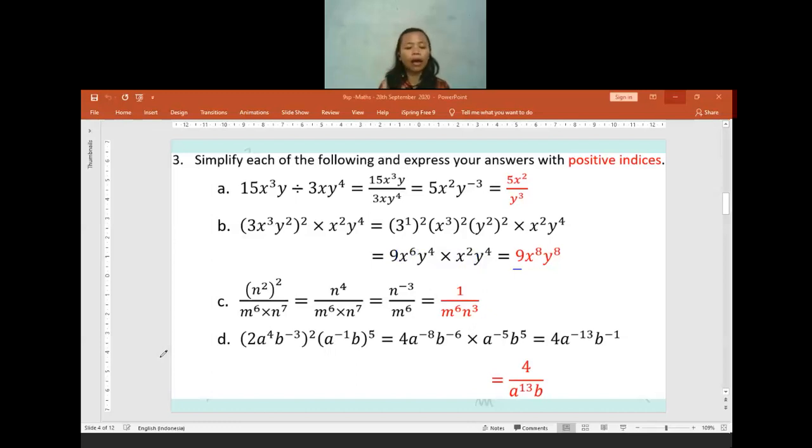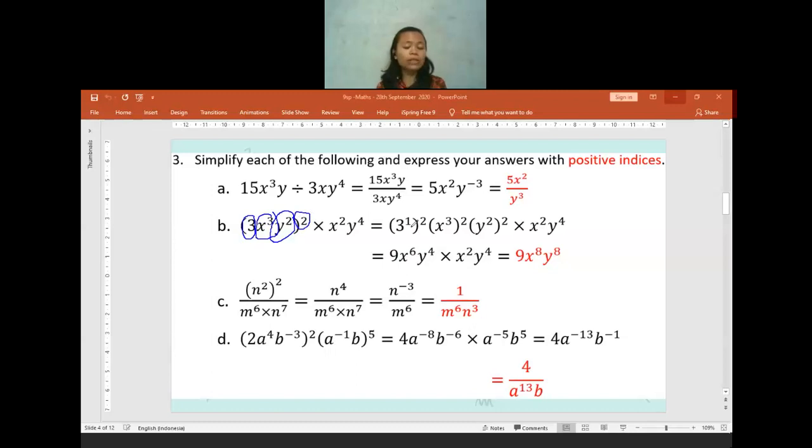As I told you before, everything inside the bracket will get the power. As you can see, inside the bracket there is the number 3, there is x to the power of 3, there is y to the power of 2. Everything will get the power of 2.